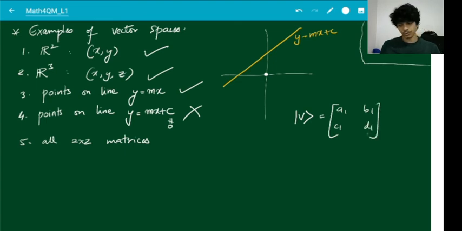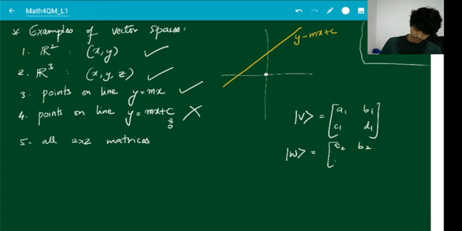So this is a 2 cross 2 matrix. I'm calling this a vector, and I want to check whether this set of all 2 cross 2 matrices is a vector space. So let's check. I'll take one more vector like this, A2, B2, C2, D2. If you add the two, do you still get a 2 cross 2 matrix?